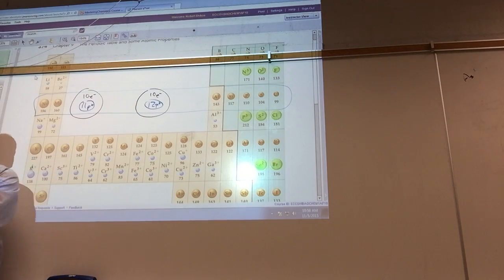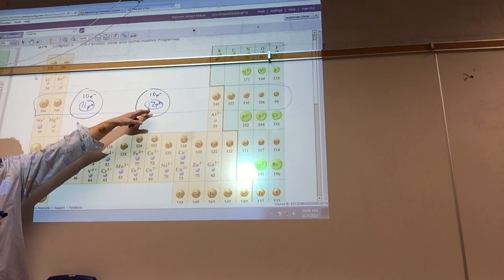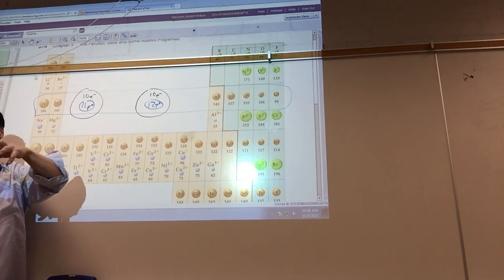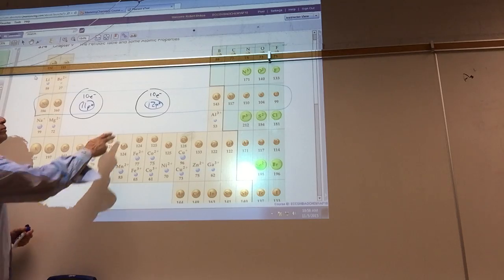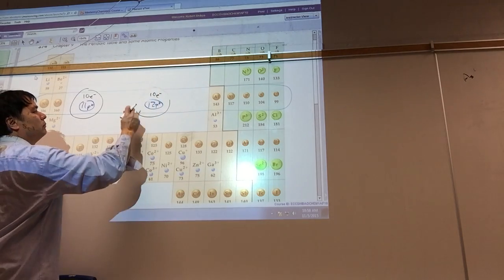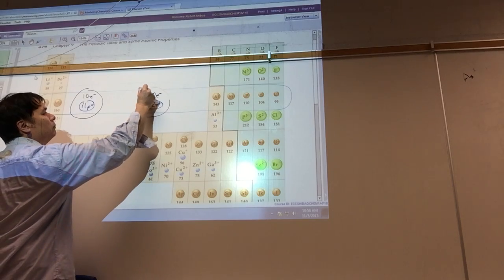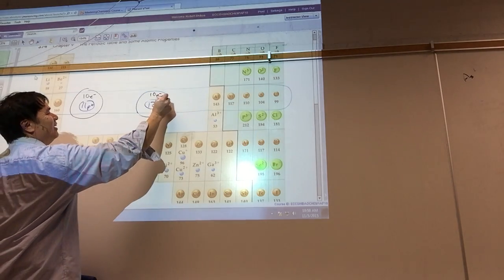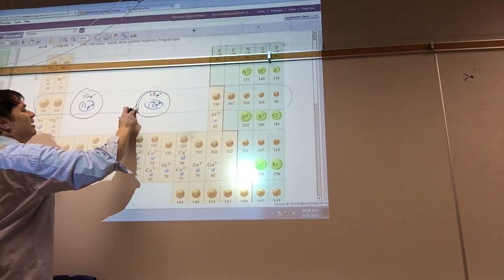Why are the core orbitals all smaller in magnesium than in sodium? They're drawn to the protons, and magnesium has an extra proton. This is more positive charge, and more positive charge is going to pull the electrons closer. So for one thing, these core orbitals are smaller than in sodium.